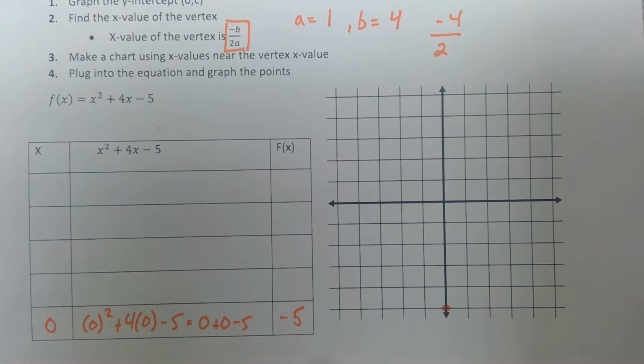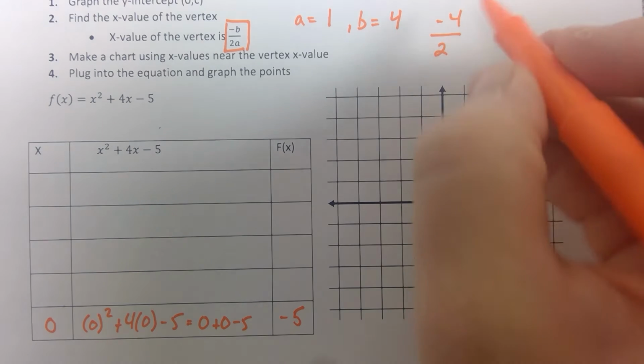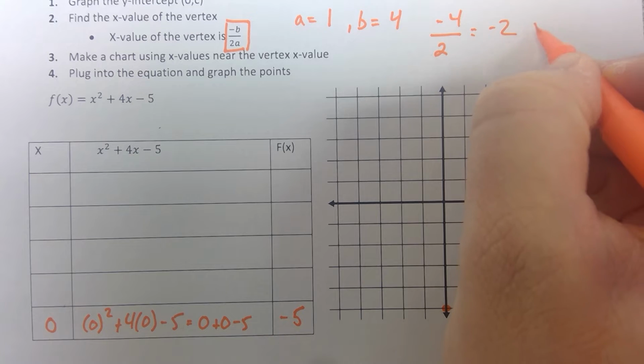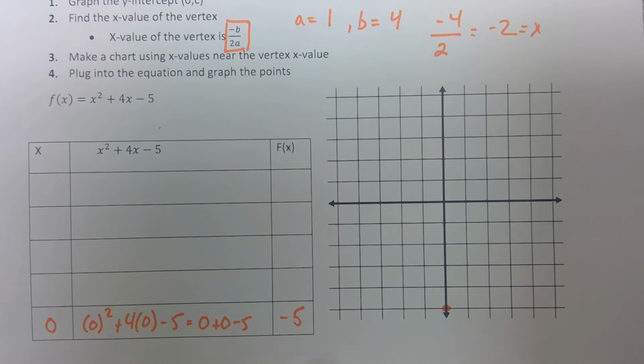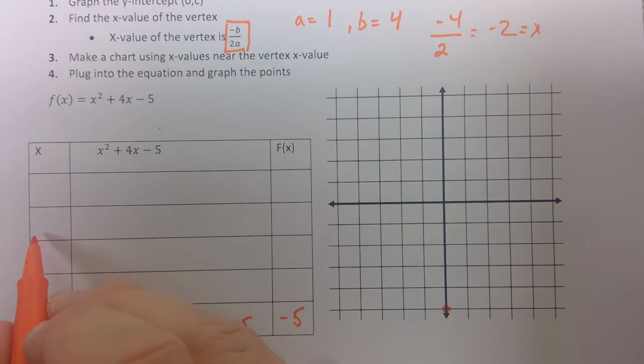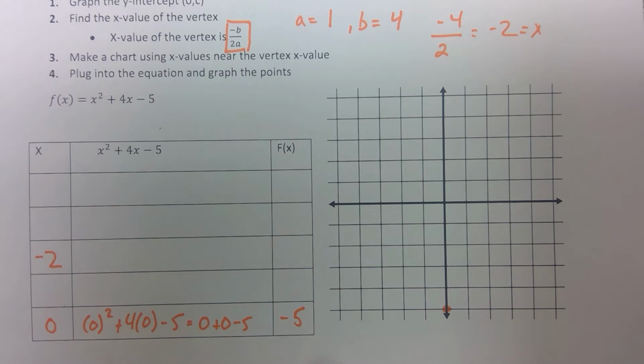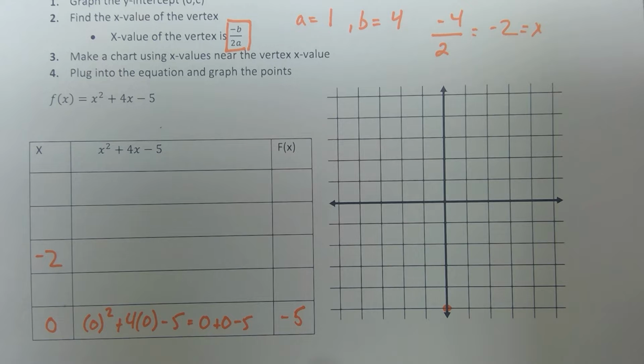That means the x value of the vertex of our equation is -2, so x equals -2. Let's put -2 into our table. We don't know exactly what we're going to get for the output yet, but let's plug it into our equation.